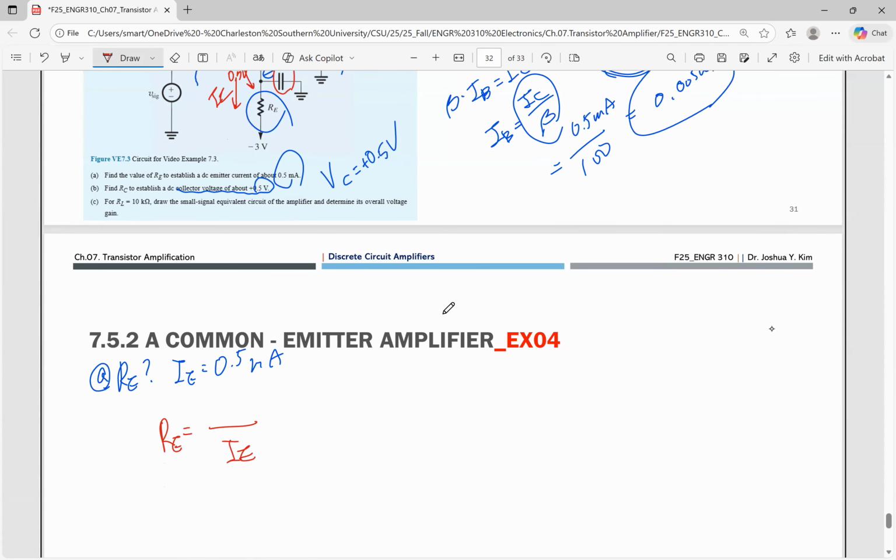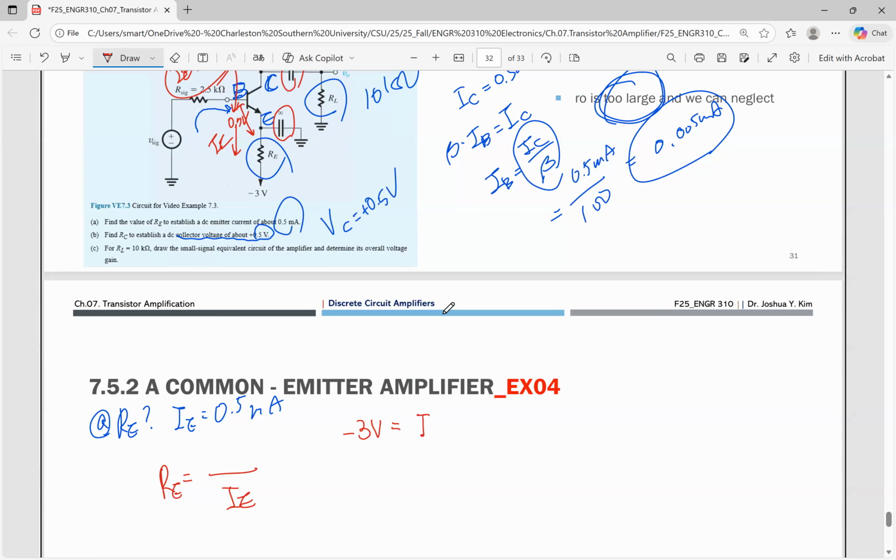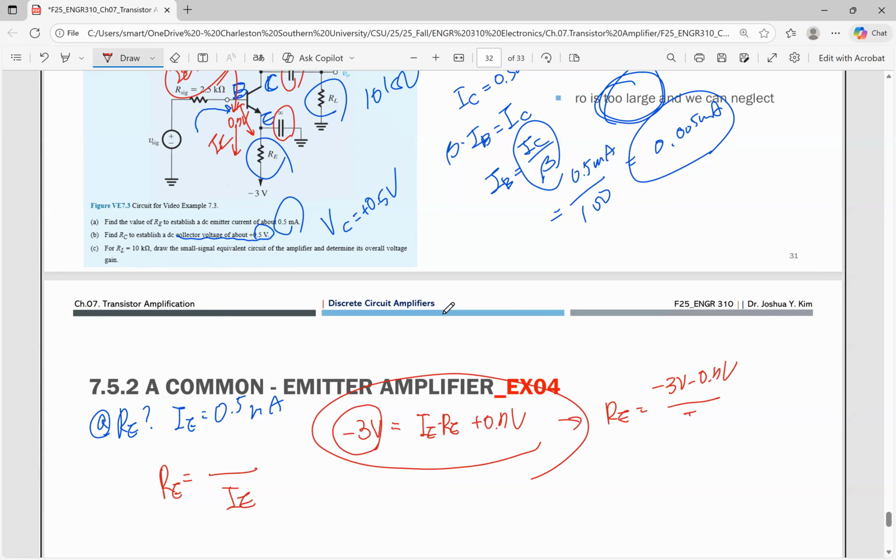Let me explain first. Minus 3 voltage is equal to minus I sub E R sub E minus 0.7 volt. Why? Because this is the negative supply voltage. So the R sub E is minus 3 volt minus 0.7 volt, divided by I sub E. The I sub E is 0.5 milliamp.